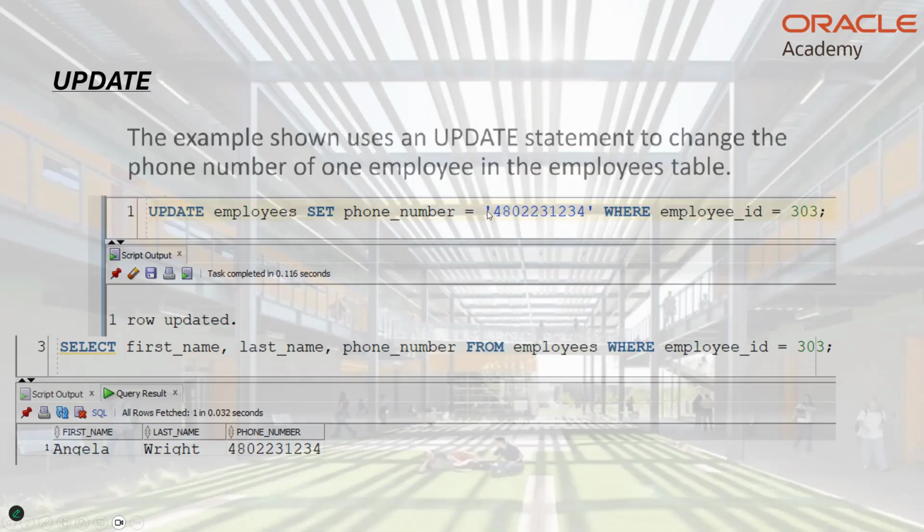Please always check to see that your where clause is in your update or your delete statement. It will lessen the amount of angst that you'll have as far as recovering or redoing or coming back from a mistake.